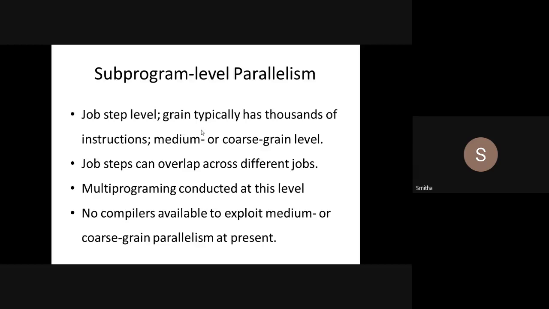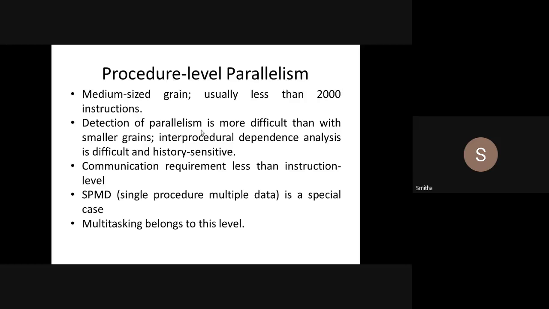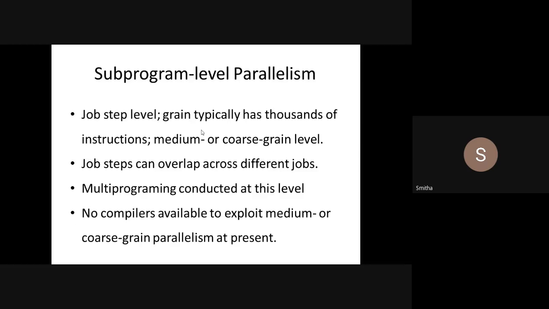Job steps can overlap across different jobs. Here multi-programming is conducted at this level, whereas multitasking belongs to procedure level, and multi-programming belongs to subprogram level parallelism.